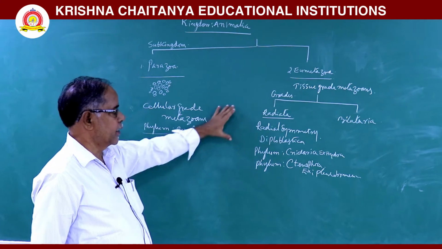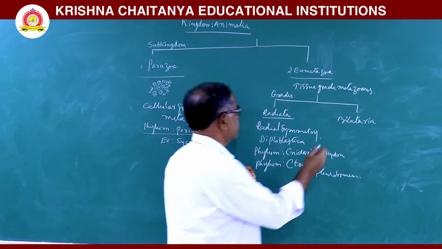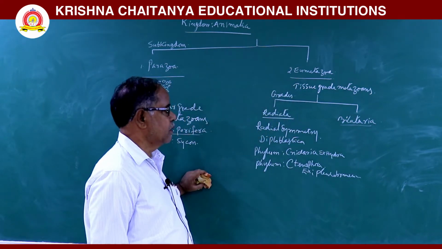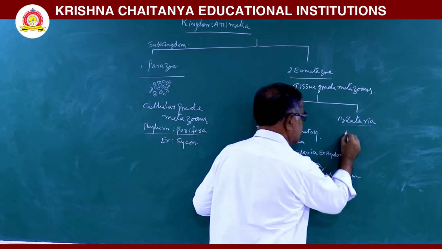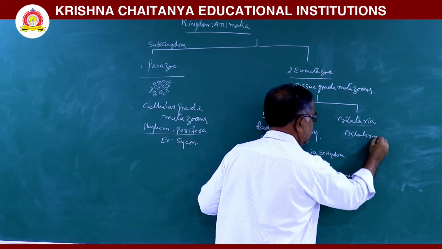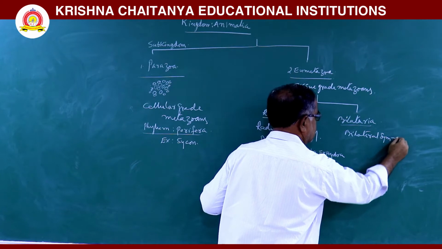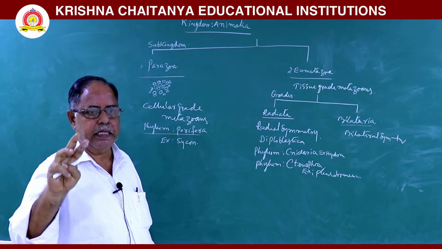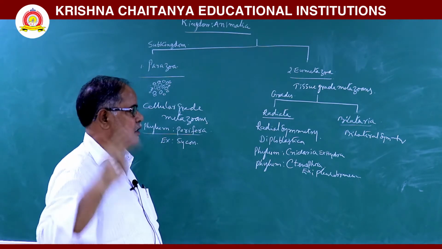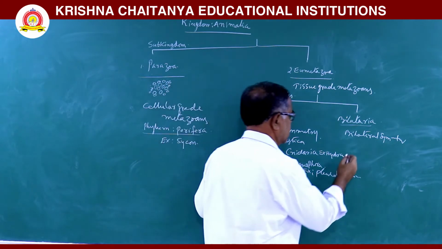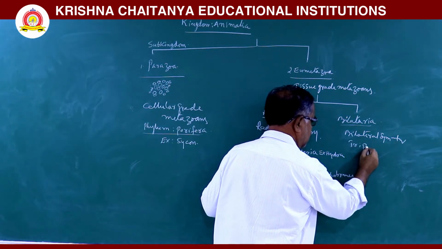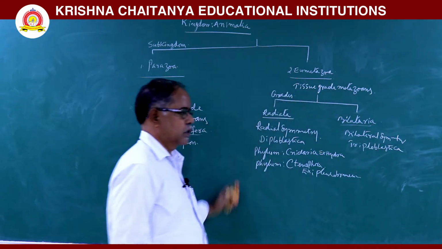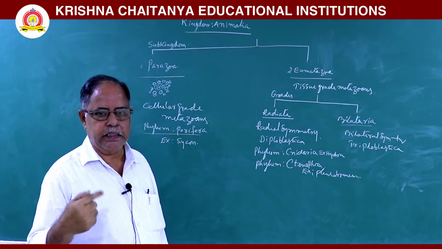That is about Radiata. Next, grade Bilateria. In this Bilateria, bilateral symmetry is there. During developmental stages, three germ layers are formed. So it is called Triploblastica.